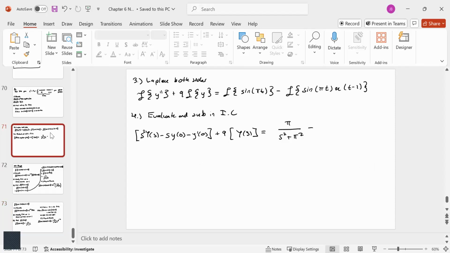So now we can go back to this and plug in e to the negative s, times pi over s squared plus pi squared. And we can evaluate s squared. Well, I'll do it on the next slide.